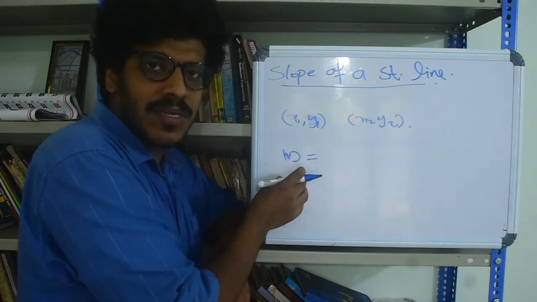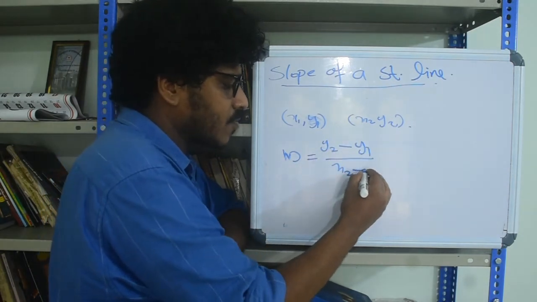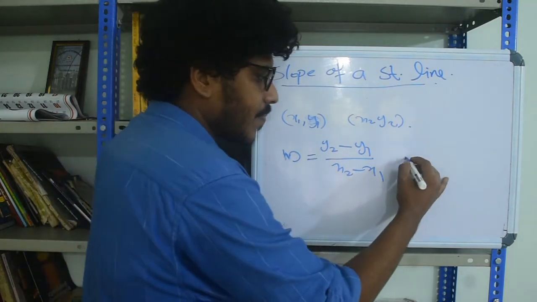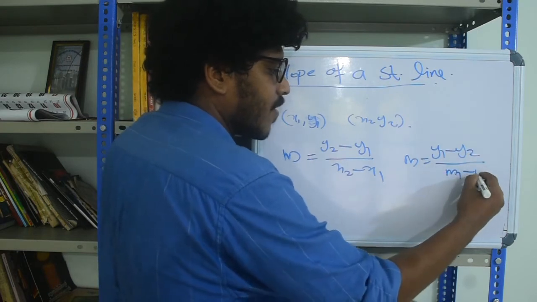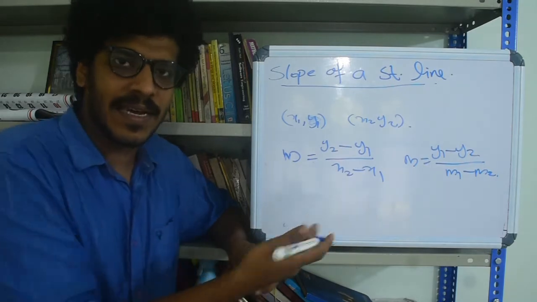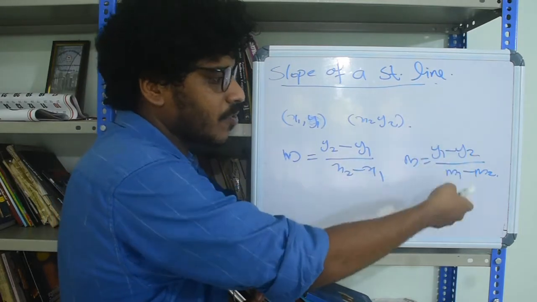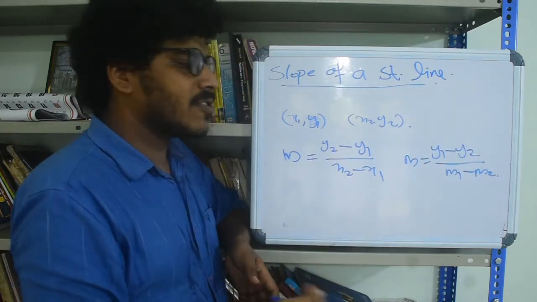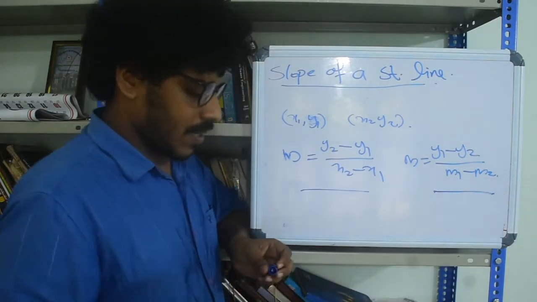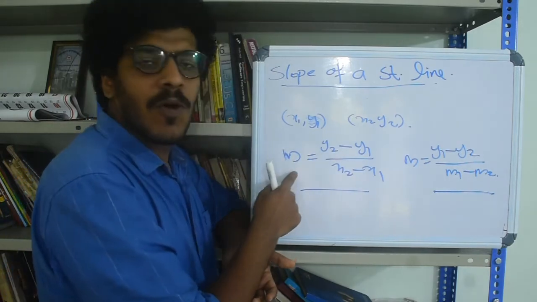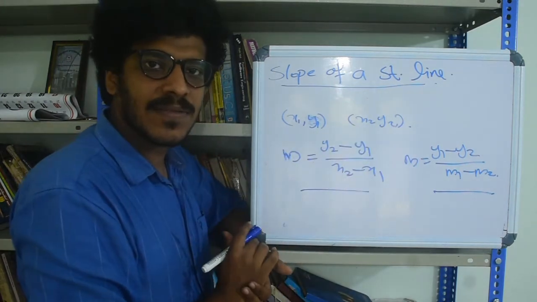We use the letter m to denote slope. m = (y2 - y1)/(x2 - x1), or equivalently m = (y1 - y2)/(x1 - x2). Both of these expressions are identical, as a negative sign is introduced in both numerator and denominator, which will obviously cancel. So you can use either of these expressions to evaluate the slope of a straight line given 2 points through which the straight line passes.